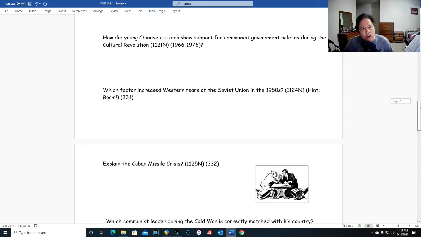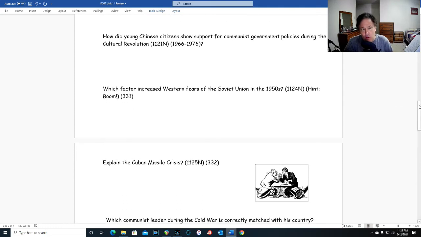So how did young Chinese citizens show support for communist government policies during the Cultural Revolution? The Cultural Revolution lasted from about 1966 to about 1976. These 11 million high school and college-age people showed their loyalty to communist leader Mao Zedong and his little red book, which he had written and he espoused.